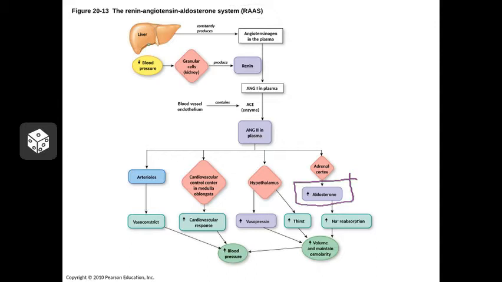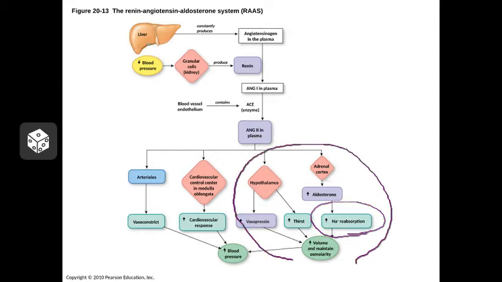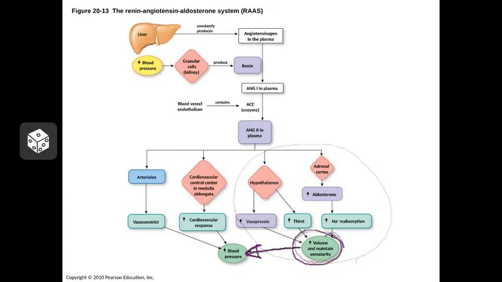Aldosterone targets cells in the distal convoluted tubule and a little in the collecting duct to increase sodium reabsorption. When we look at the effects on this side of the page, that is going to increase blood volume, and subsequently maintain osmolarity. When this happens, blood pressure will return to normal.